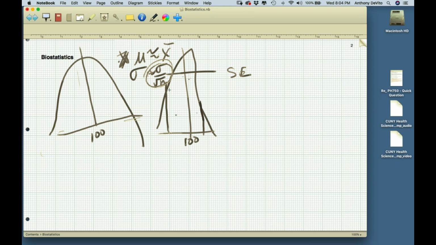But we would expect that the distribution of those sample means, those repeated x bars that we take over and over again, would be between two standard deviations below the mean and two standard deviations above the mean 95% of the time. Well, in reality, not really two standard deviations, but 1.96 standard deviations above and below the population mean.